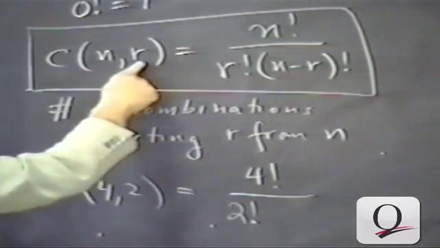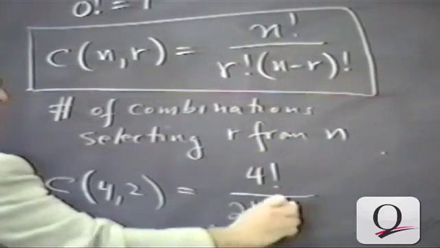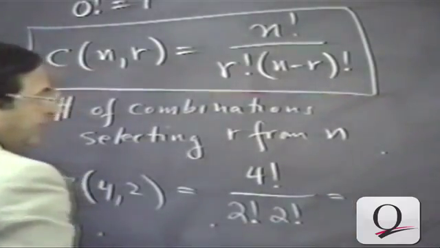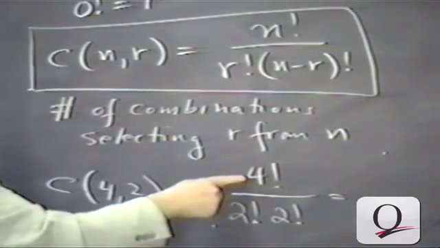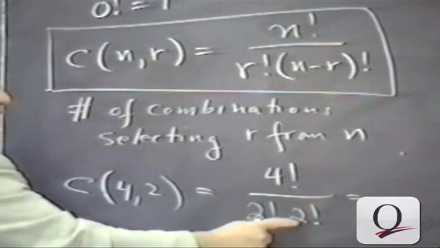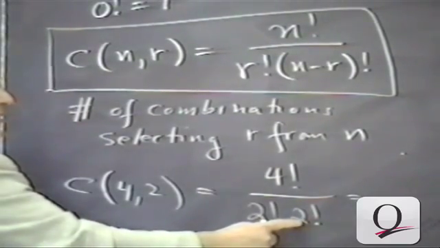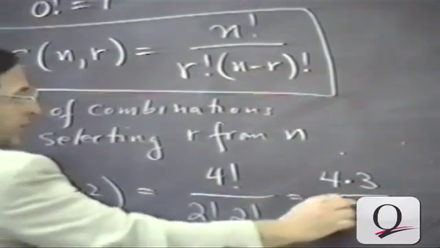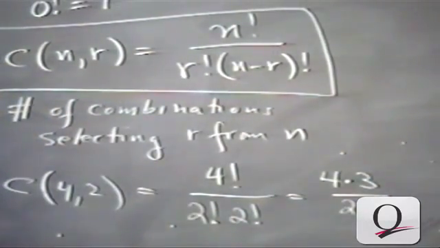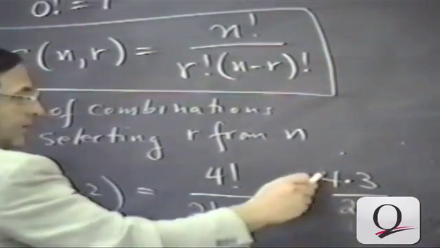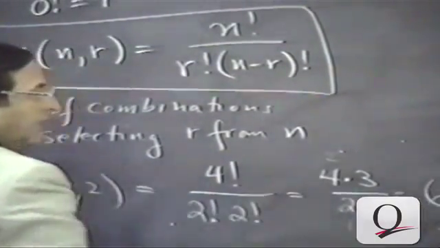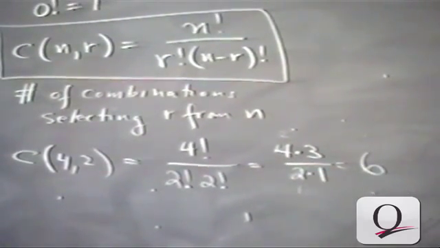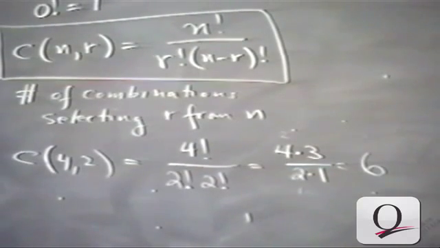Now, since n is 4, r is 2, this number is 2 factorial. Now, 4 factorial is 4 times 3 times 2 times 1. It will be canceled in part by one of these. Let's say this one, 2 times 1. So it just leaves me 4 times 3. And I still have this 2 times 1. And indeed, we get the number 6. That is, there are 6 ways of choosing 2 from 4.